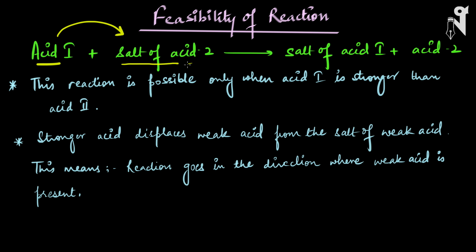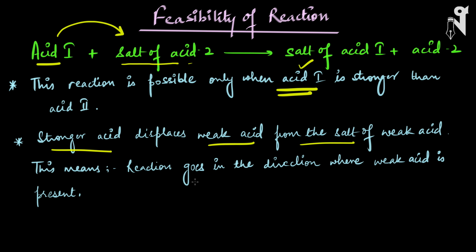When this displacement happens, the salt of acid 1 will be formed and acid 2 will come out. This reaction is possible only when acid 1 is stronger and can kick acid 2 out of its salt and form the respective salt of acid 1.